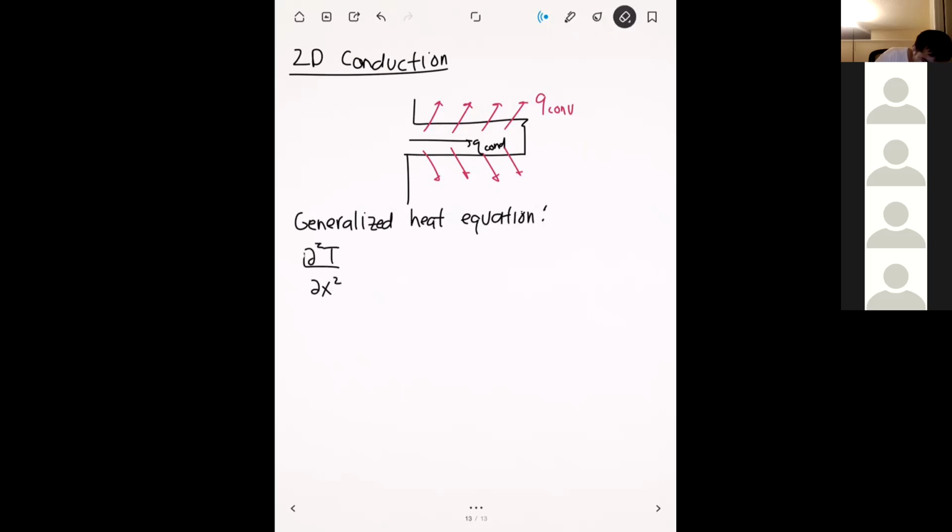We have our second derivative with respect to x, just like in the 1D case, but now it's a partial derivative because we have all three: x, y, and z. I'll put the time term here, even though we're not going to do anything with it yet, but next week we will.